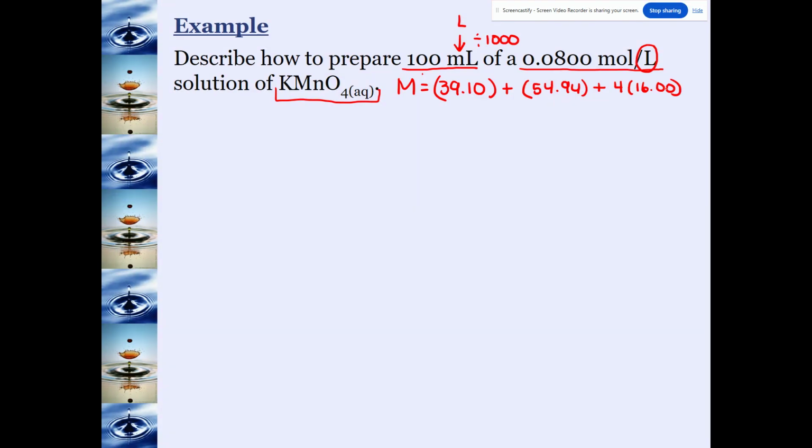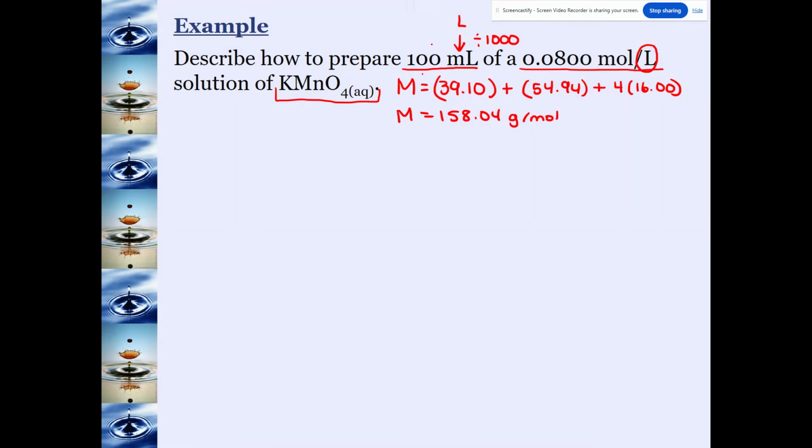Okay? So find your molar mass in one step in your calculator using this approach. 39.10 plus 54.94 plus 4 in brackets 16.00. We get a molar mass of 158.04 grams per mole for our potassium permanganate.